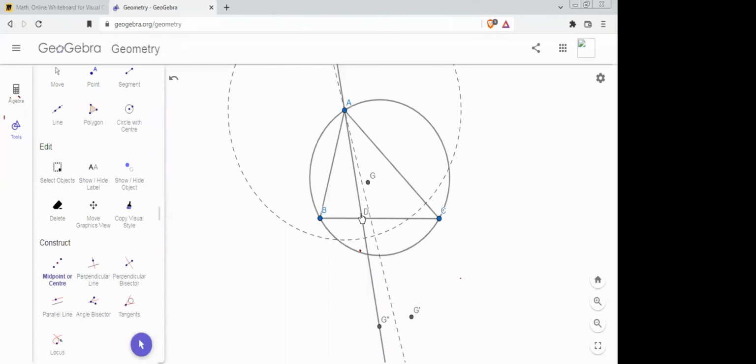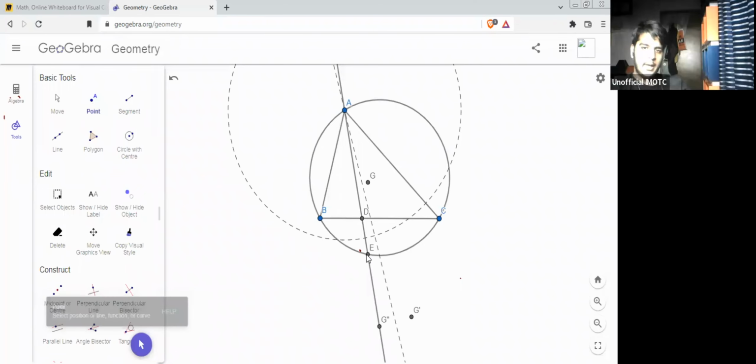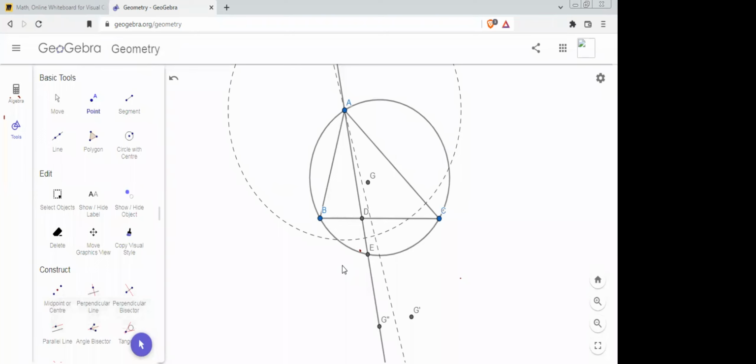Wait, so if this A median meets the circumcircle at K, then AD is to DK is 2 is to 1. You mean AD is to DE? Yeah. Is that 2 is to 1?